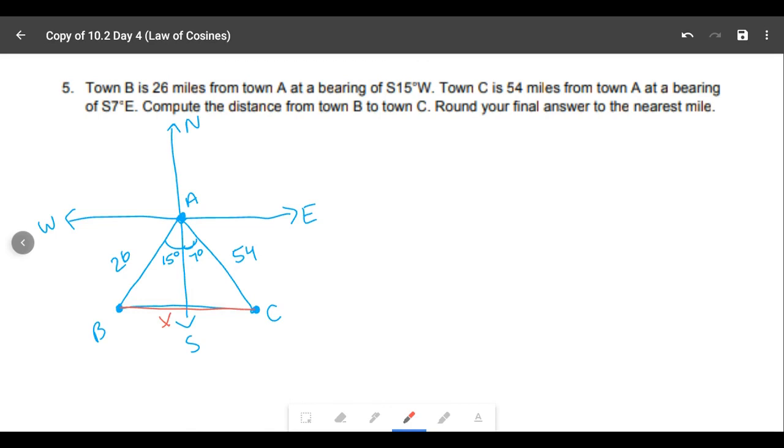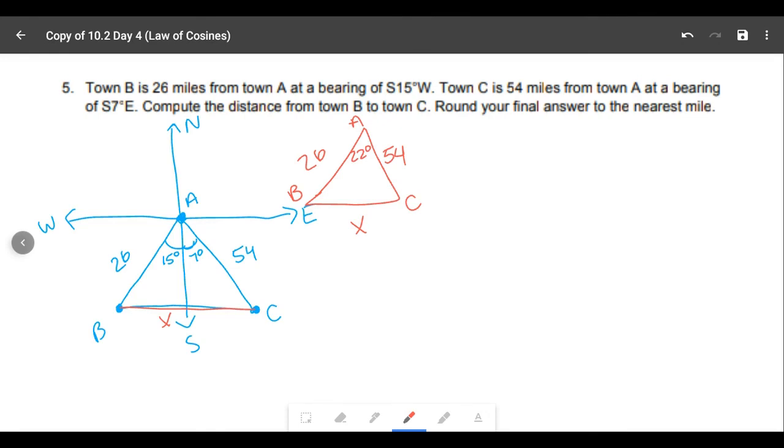So now if I redraw this triangle that we've created, we're looking for X, and we know our AB side is 26 and our AC is 54. Angle A, if I take 15 and 7 degrees, that means angle A should be 22 degrees.